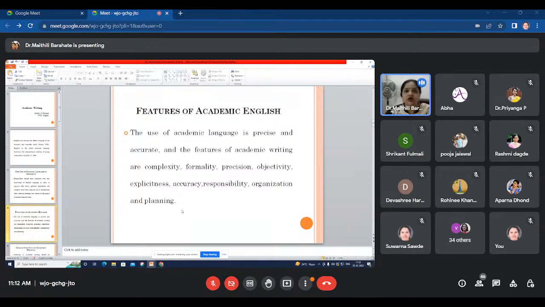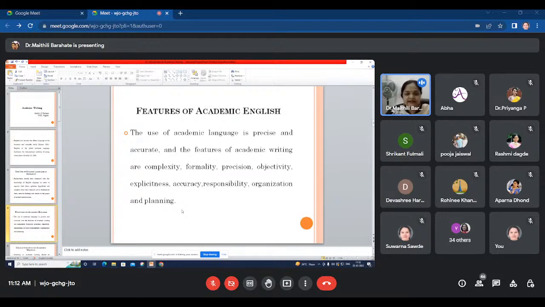But in case of science disciplines, you need to be very, very precise. Then objectivity. You can't let subjectivity creep into your writing. The moment a subjective sentence is added, it will change the structure of that particular writing.